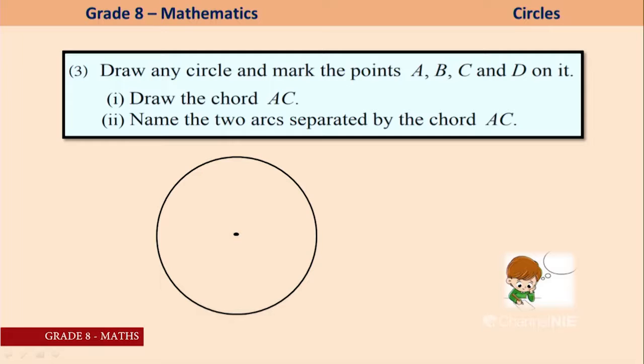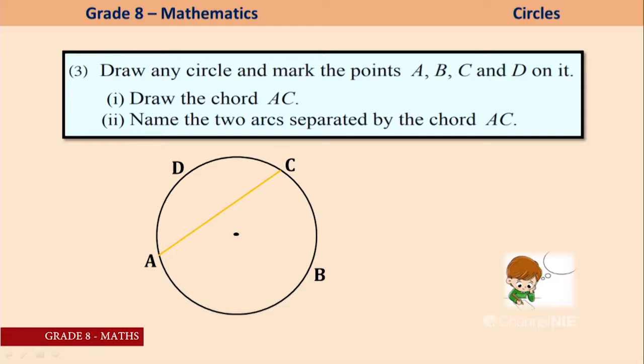Okay, hope you are ready. Now, you have to mark A, B, C, D on the circle. As you wish, you can mark. Then first question, draw the chord AC. Write A and C is there, then you can join these two points. Then second one, name the two arcs.